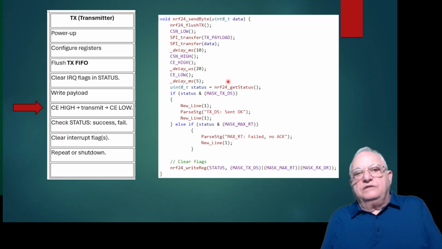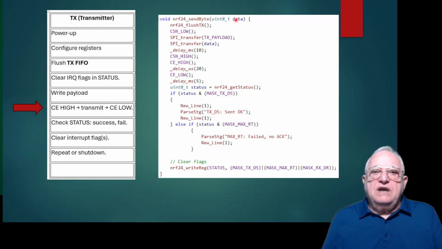How do we do that? So here we have the data that we want to transmit. Now, we flush the transmit, make sure there's no data on the transmit. Then we select the radio, and we send the command, hey, we want to load the data.